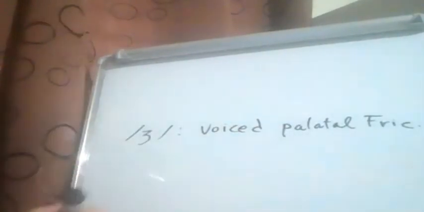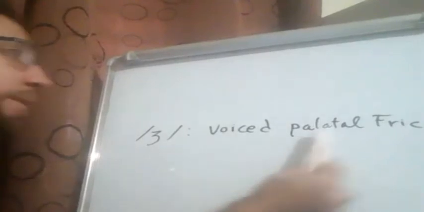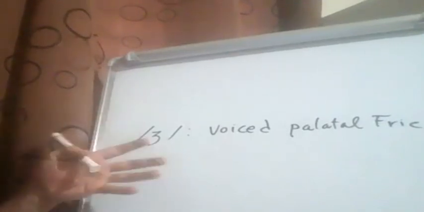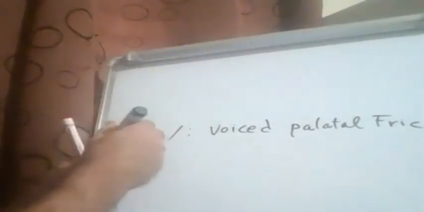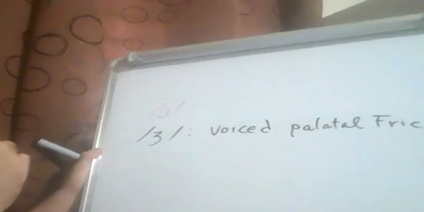In this case, it is important to say that we need all the three features. The reason why we need all the three features is because if I say only voiced palatal, I am including all the sounds that have the palatal feature included. For example, if I only say voiced palatal, I am including also the voiced palatal glide, okay?